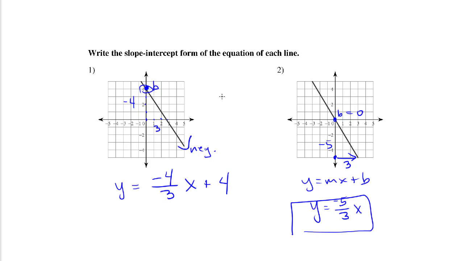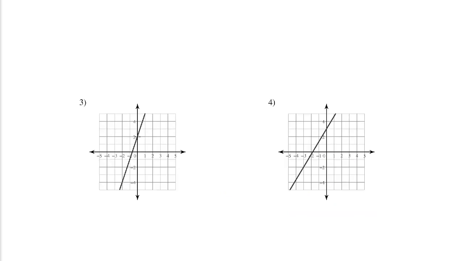Let's see a couple others. Number 3, our y-intercept is plus 2. And we're not exactly going through negative 1 there, so be careful. It looks like the next point that lies on the corner of a grid is y minus 4, x negative 2, which means we're going down 6 to go left 2.